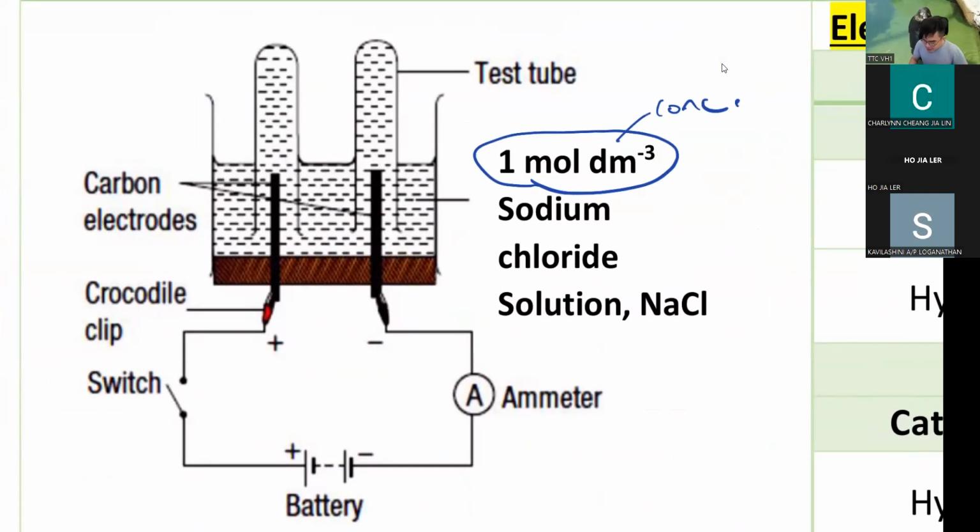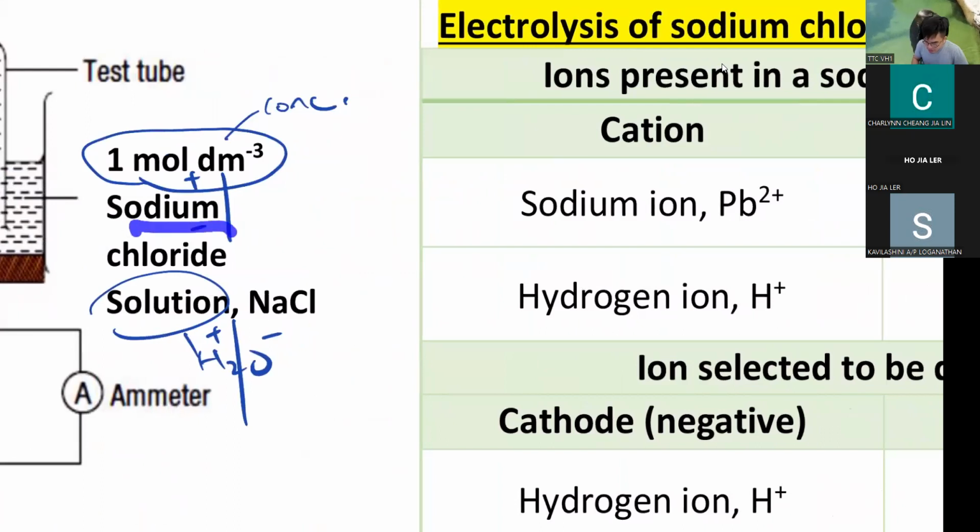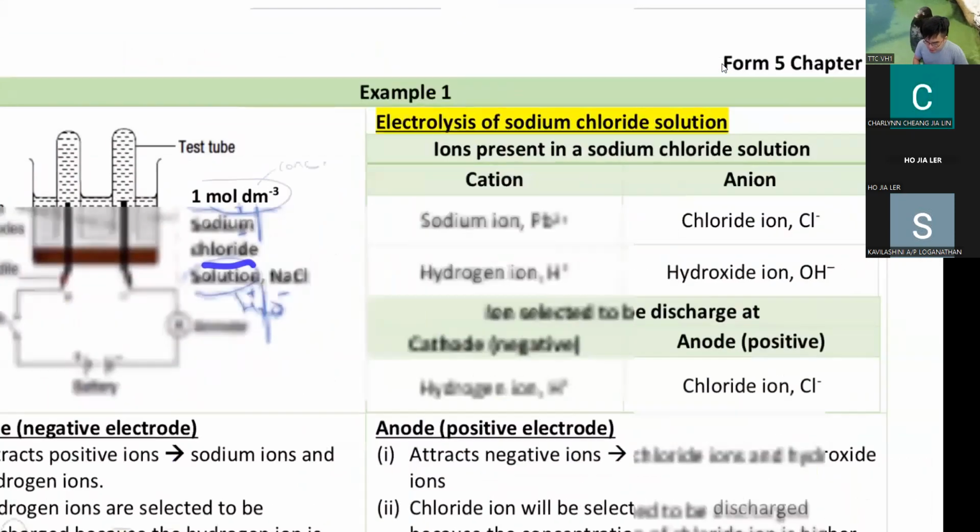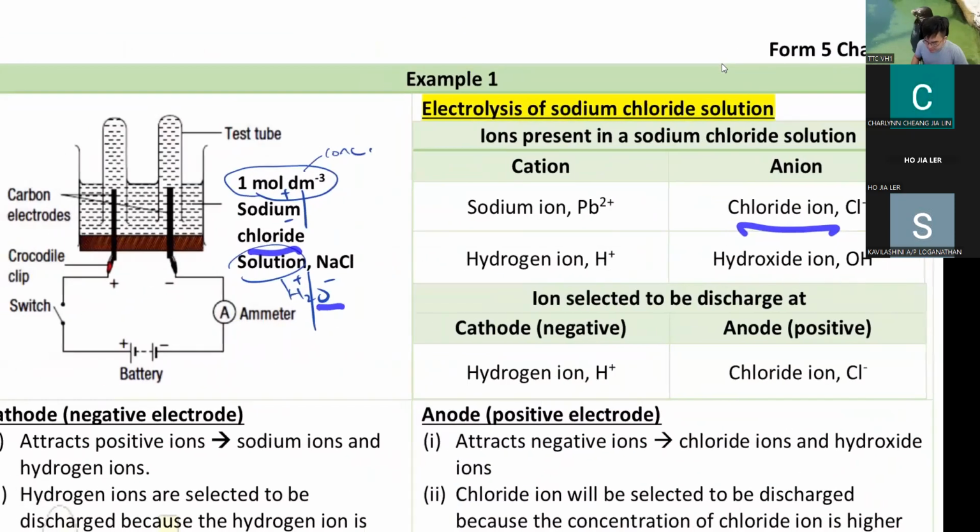Same thing, the solution is H2O and sodium chloride, and you split it into positive and negative. So we have two guys in the swimming pool, sodium ion and hydrogen ion, and two girls in the swimming pool, chloride ion and hydroxide ion.